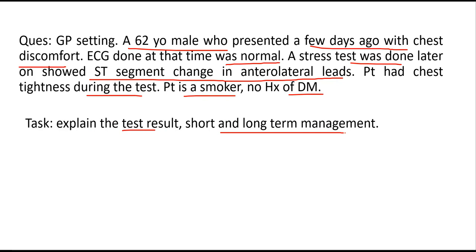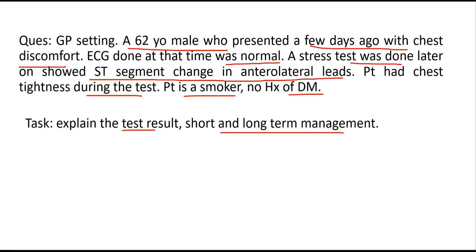So sometimes in the exam, cases like this come up, not super important like the acute MI case, but they come, so you have to have an idea about them. You can understand from this stem that it's a 62-year-old who had chest pain, but the ECG was normal. With a 62-year-old having chest discomfort, even if the resting ECG is normal, you are not just stopping there.